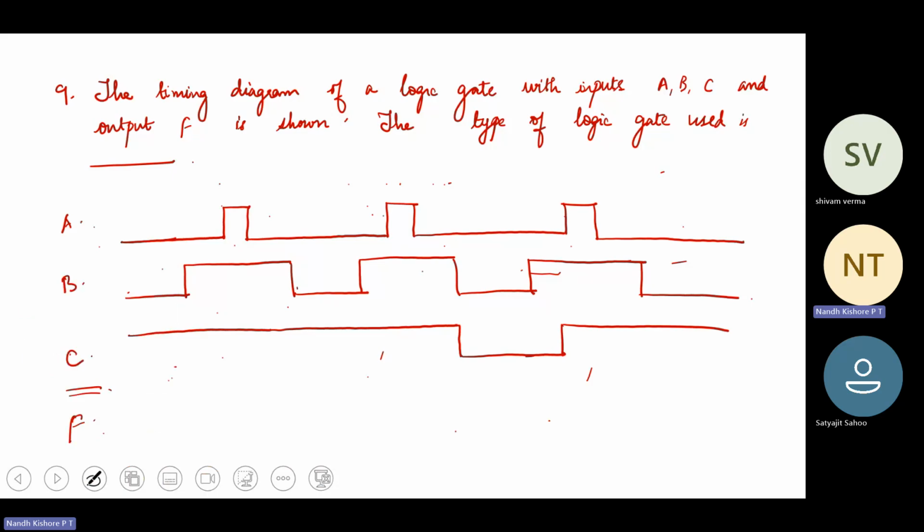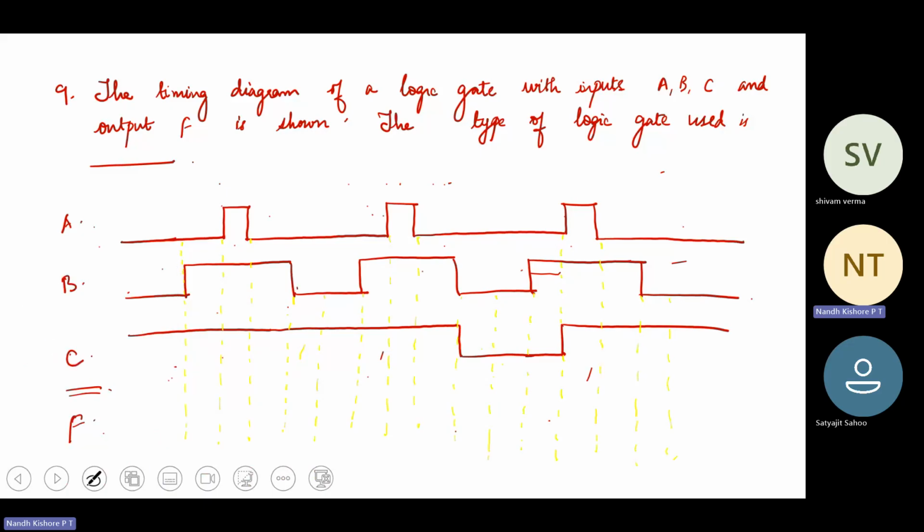so let me draw very small lines for, okay.